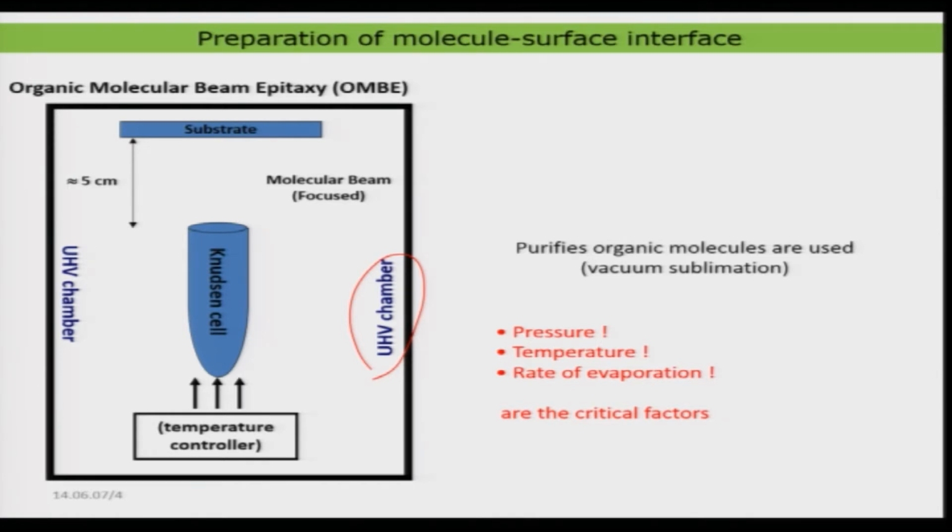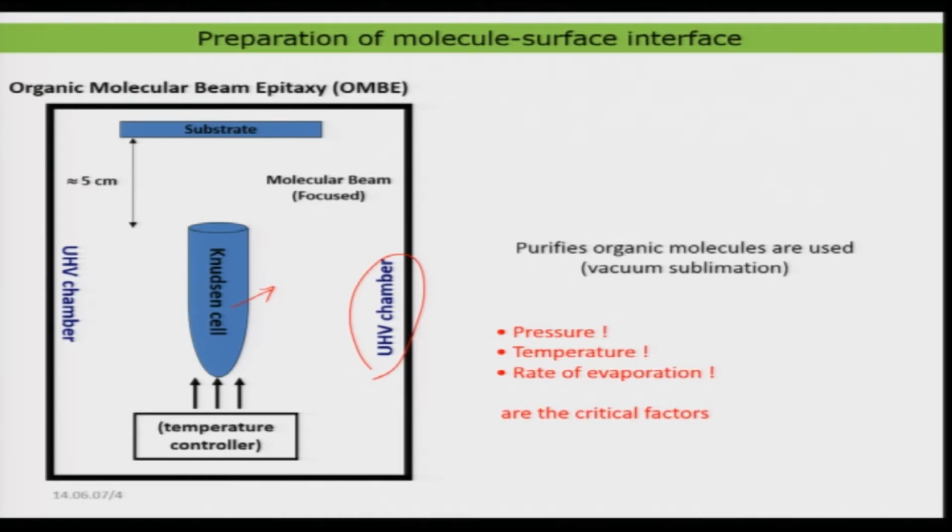Exactly as we have seen in the case of atomic adsorbates, here also you are going to use a Knudsen cell, which is either a ceramic crucible or a metallic crucible, but the metal should be inert in the moderate temperature range. Molybdenum is a favorite choice, because its reactivity is very poor at normal conditions.